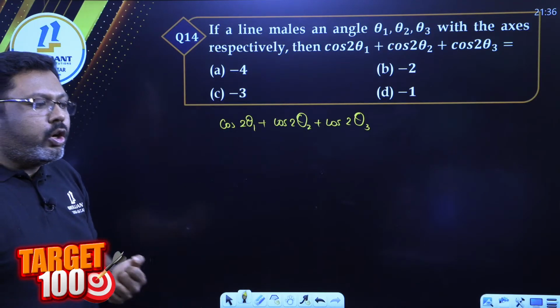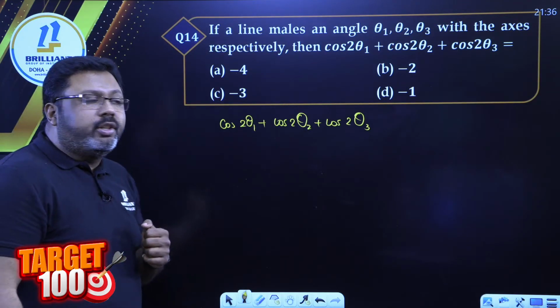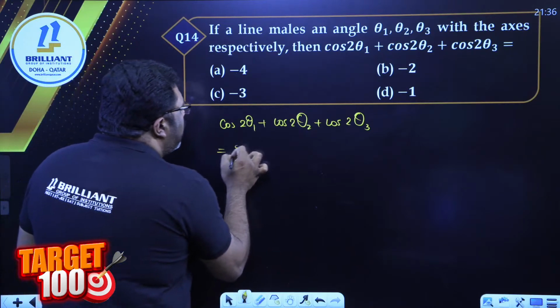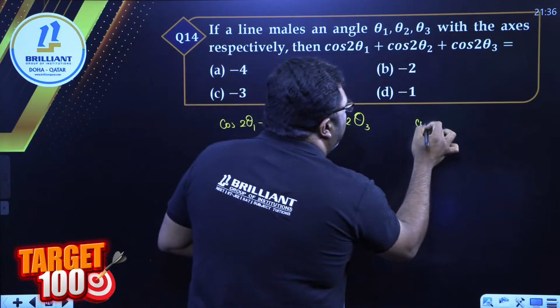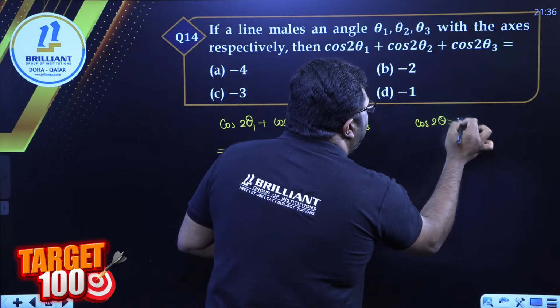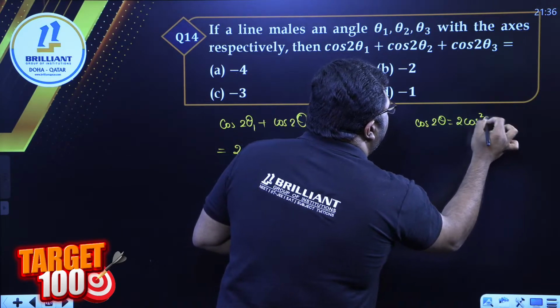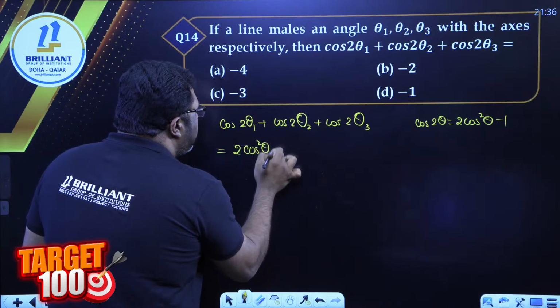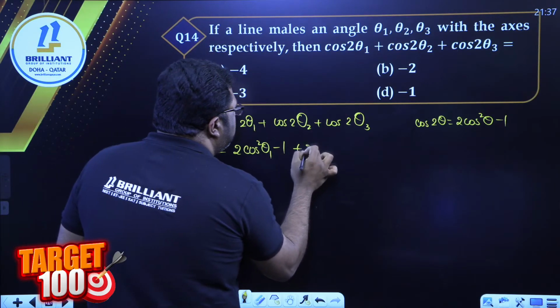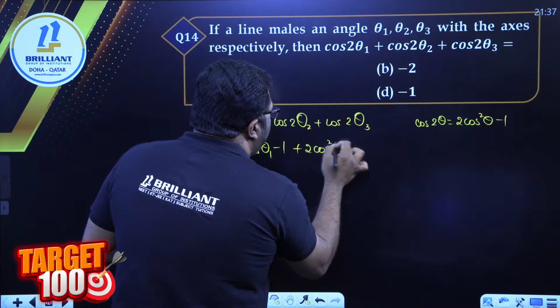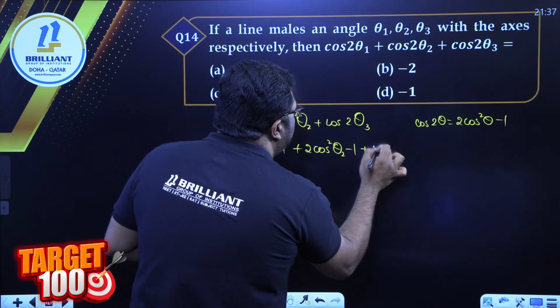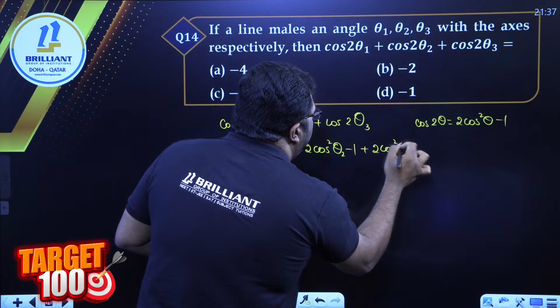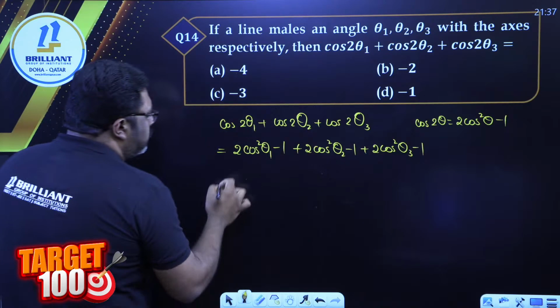We have a trigonometric relationship here. Come on, what is the formula for cos 2 theta? 2 cos squared theta minus 1. Apply it. 2 cos squared theta 1 minus 1, 2 cos squared theta 2 minus 1, 2 cos squared theta 3 minus 1.